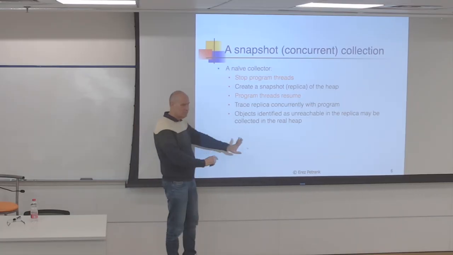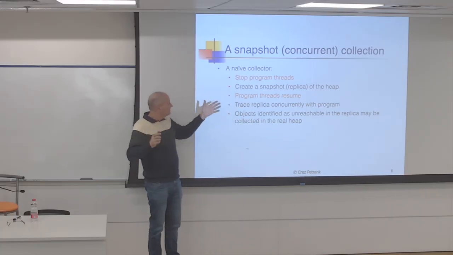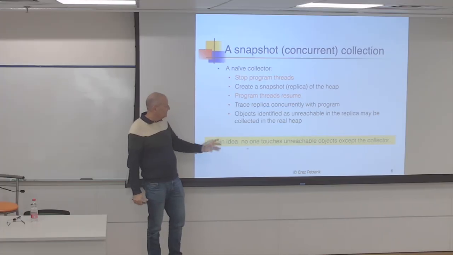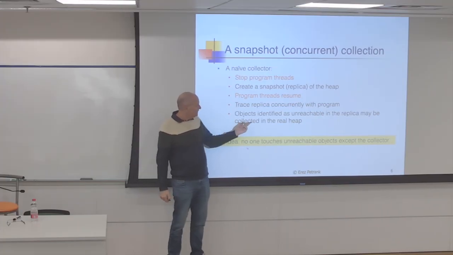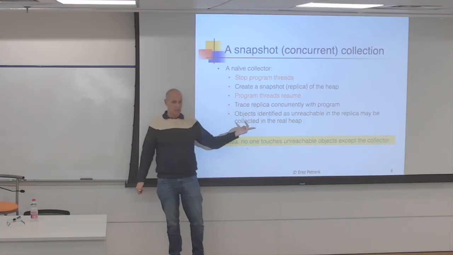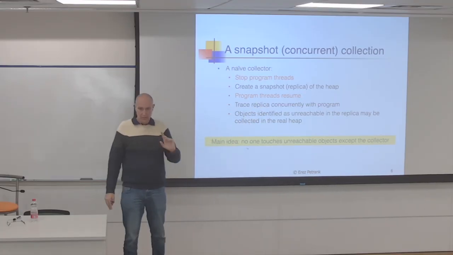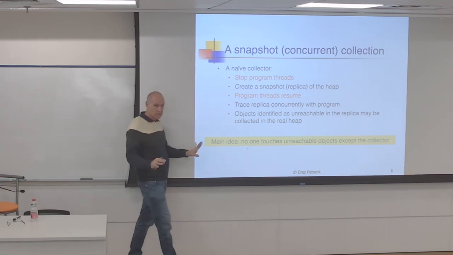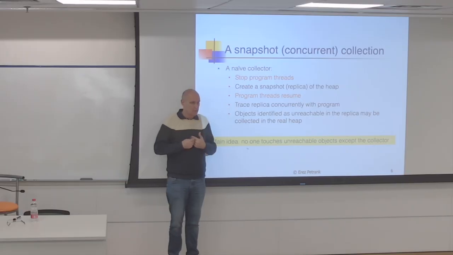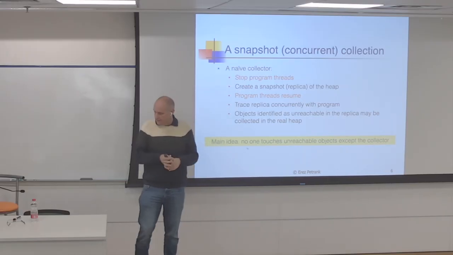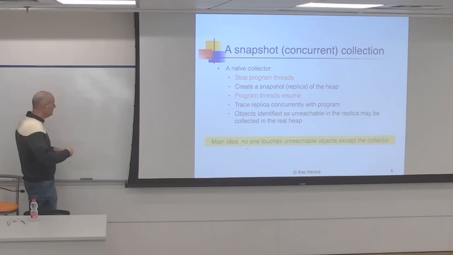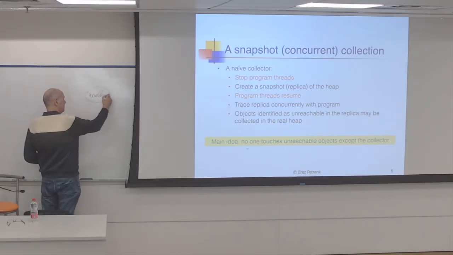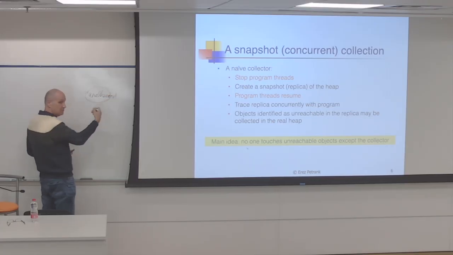It's naive. But in general, the main idea here is that if you identify unreachable objects in the replica, you know that they're still unreachable. No one can touch unreachable objects except for the garbage collector. Let me remind you how it works. This is the lifetime of an object.